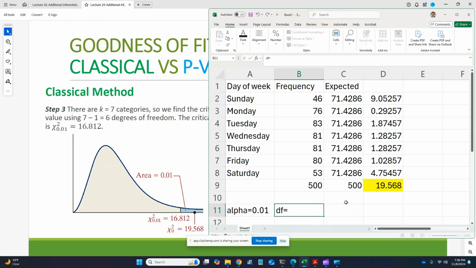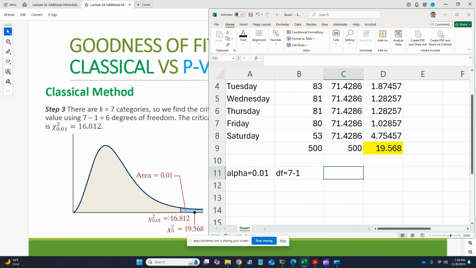And degrees of freedom here is 7 minus 1, because we have 7 observations here, and we are losing 1 degree of freedom because we are using the expected value. Now we have alpha and degrees of freedom. We want to know the critical value for this threshold.